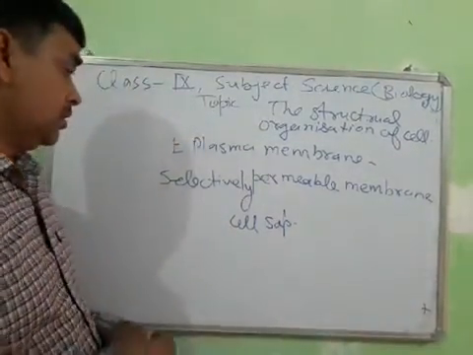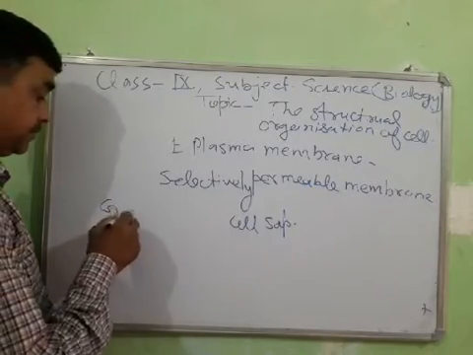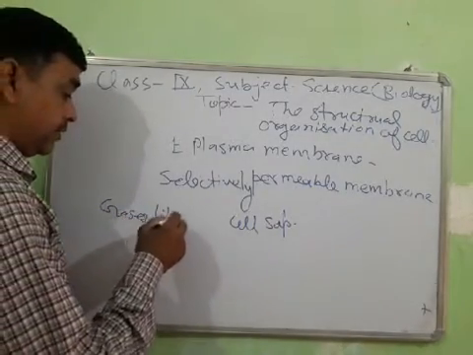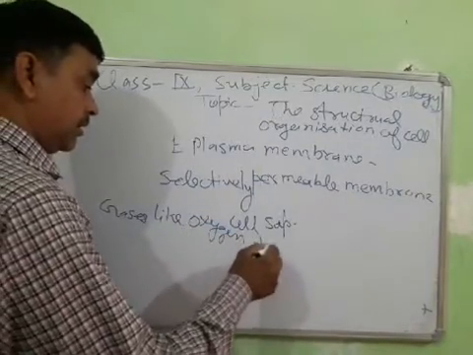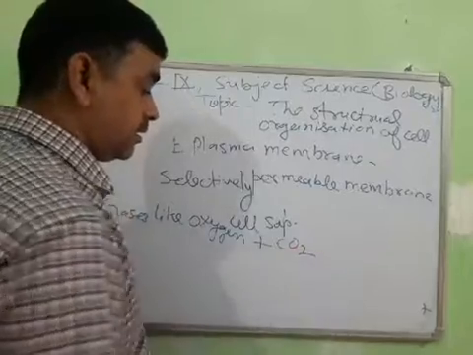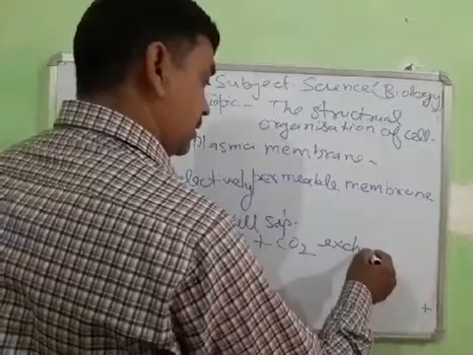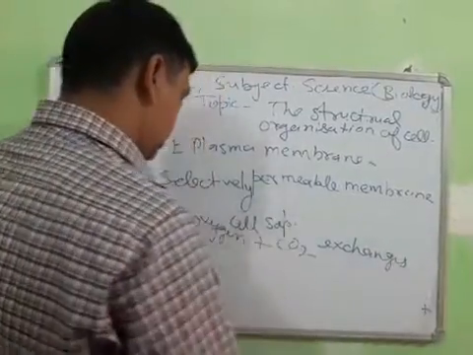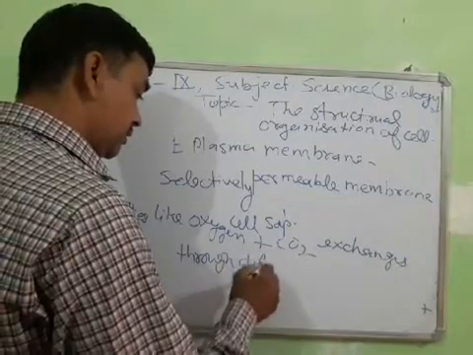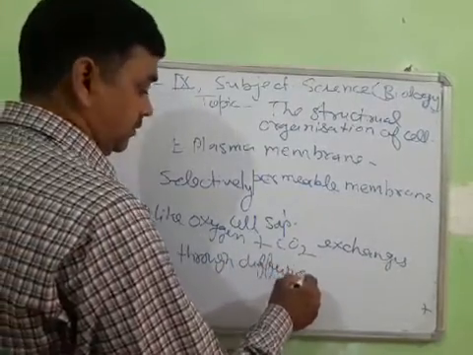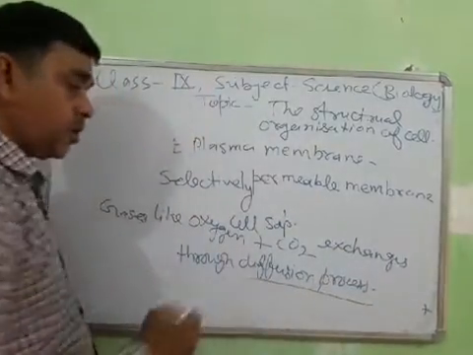Some gases like oxygen and carbon dioxide are exchanged through the diffusion process.